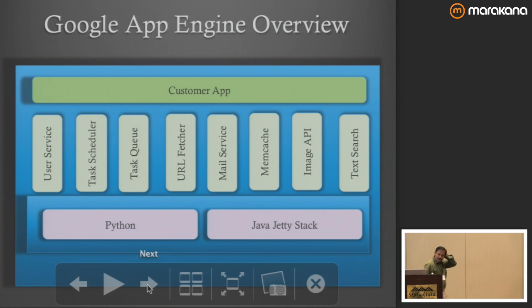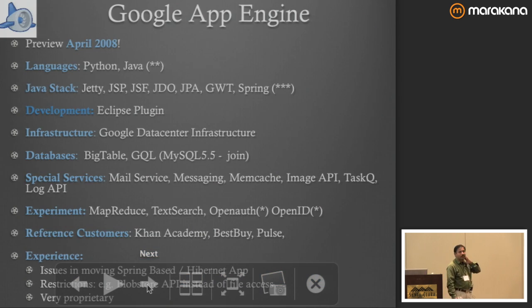So Google App Engine came very early. It's very mature, and it started with Python. Then they added Java, but when they added Java, it is one of the most restricted platforms that you will get.